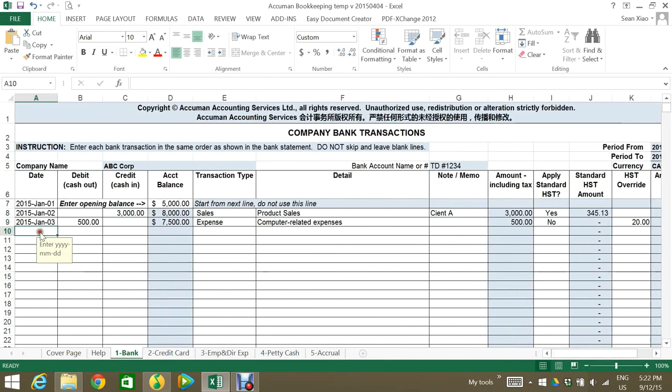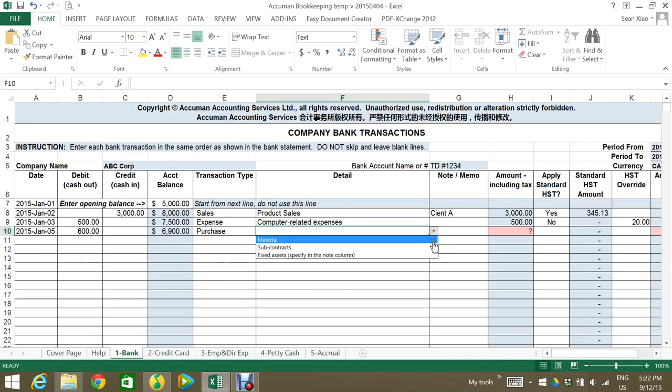Okay, let's put in one more example. 2015 January the 5th. There's another, say, $600 being withdrawn from the company bank account, and you know it's a purchase because let's assume this is a purchase of a fixed asset.